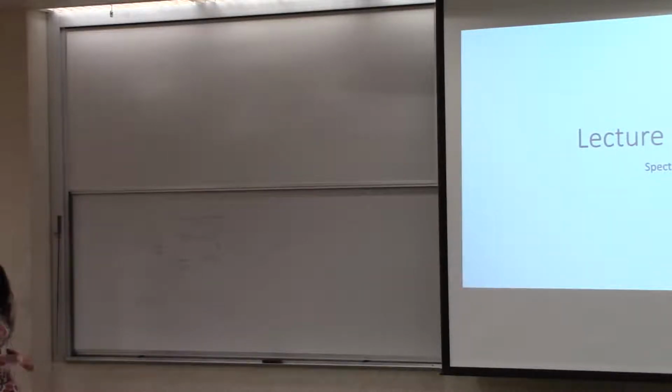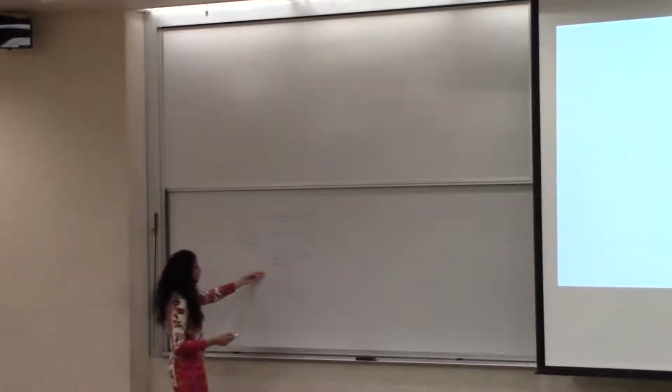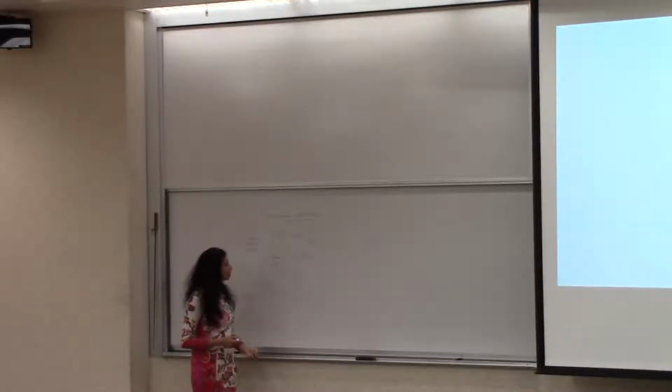So is this problem, first of all, is it convex? Yeah. Why not? Yeah, the constraint is non-convex, and then you also have this quadratic form.